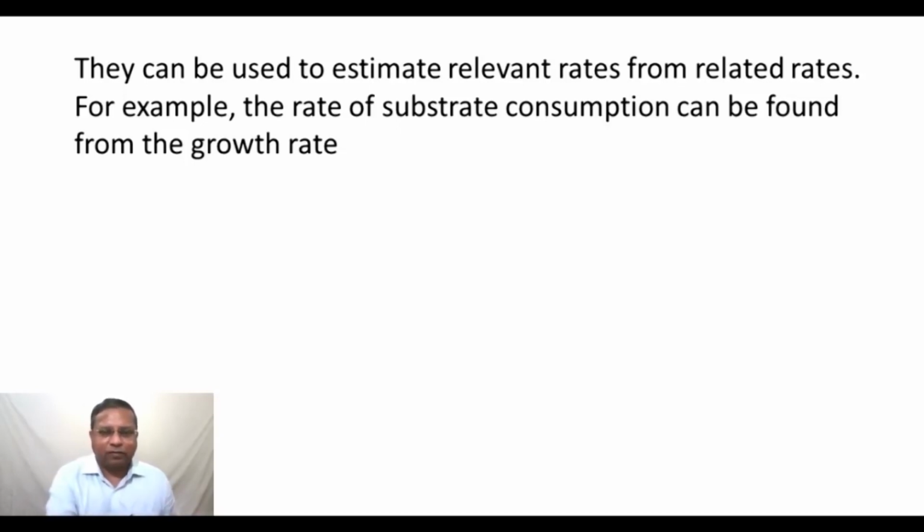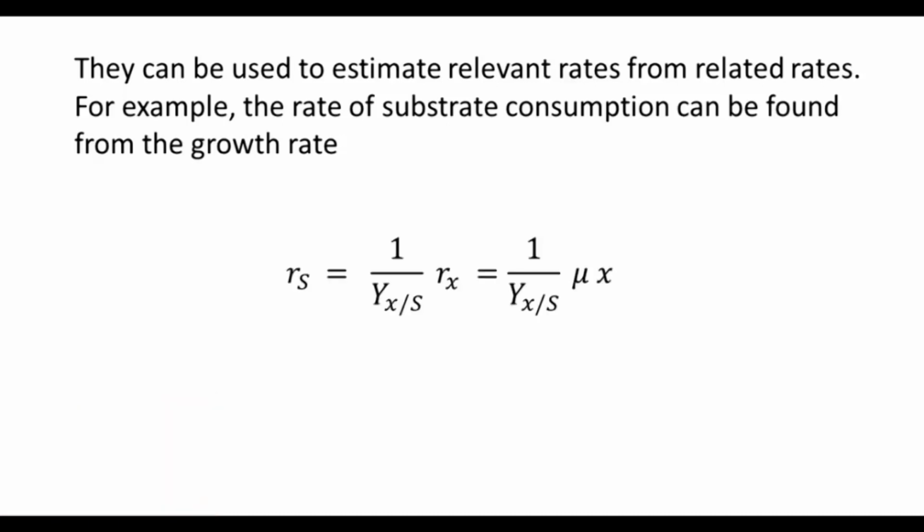For example, if the substrate consumption rate is needed and is not known, but the growth rate is known, you could estimate the substrate consumption rate from the growth rate if the yield coefficient is known and can be taken to be a constant. For example, the substrate consumption rate Rs is 1 by Yx/s times Rx.